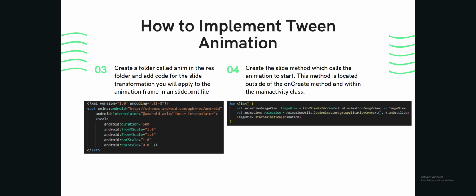And as you can see from our code, our transformation will involve the adjustment of the Y scale value, where it changes from 1.0 to 0.0. And in turn, this will result in a sliding up animation.